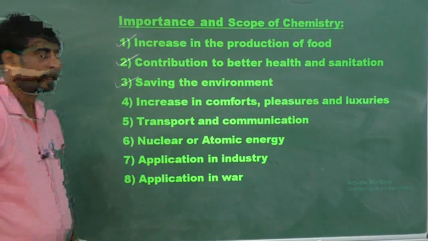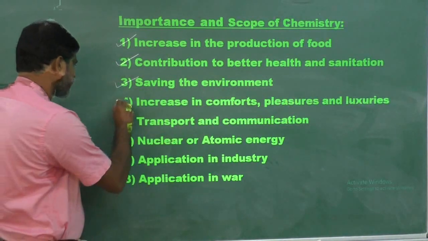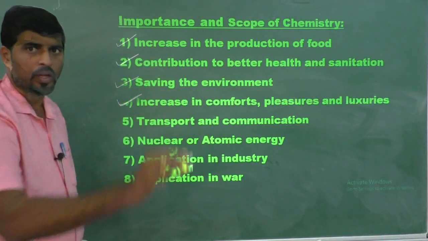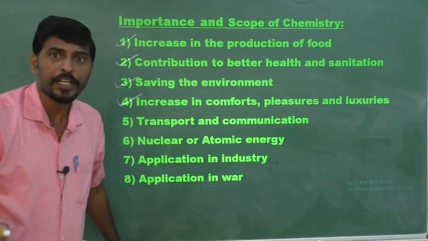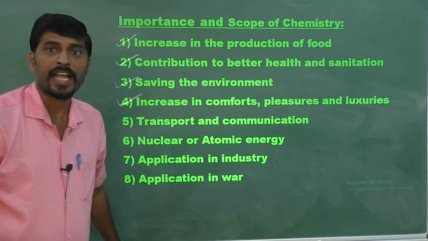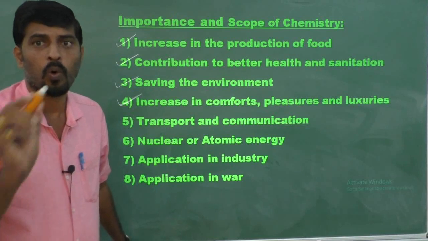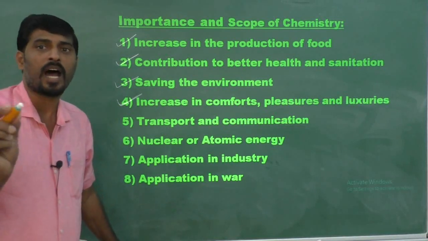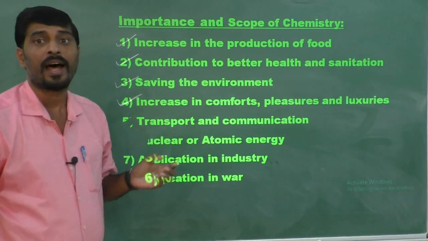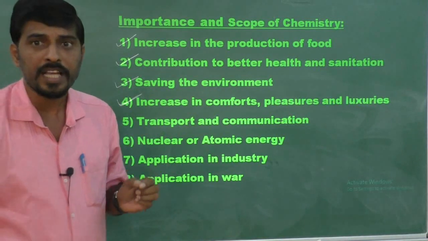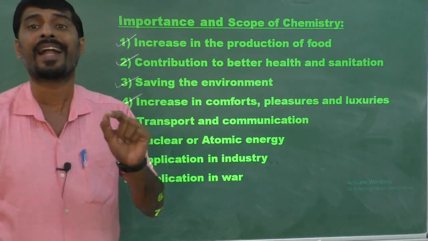Okay. Next, we will move on to increase in comforts, pleasures and luxuries. For example, in addition to natural fibers, that is cotton, silk, wool, some synthetic fibers are synthesized, that is terylene, nylon, rayon, etc. These are more comfortable, more durable and more attractive.